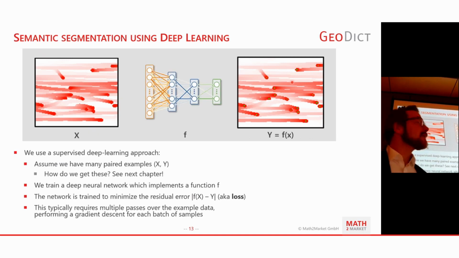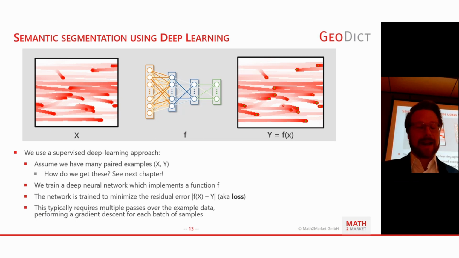The solution that we use is a supervised deep learning approach. So let's, for the moment, assume we have many pairs of these structures. We have segmented structures on the left-hand side, and we have matching, so it must be basically the same structure, on the right-hand side with the center lines marked. Assume we have that already, and I will explain how to obtain that later.